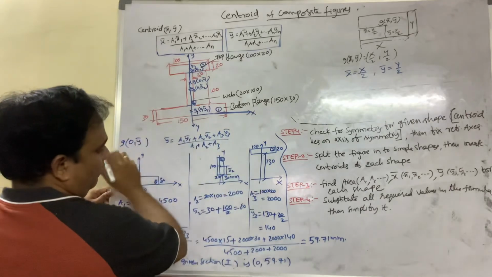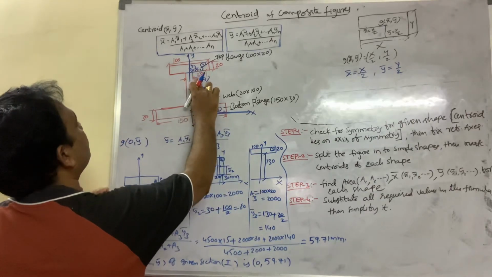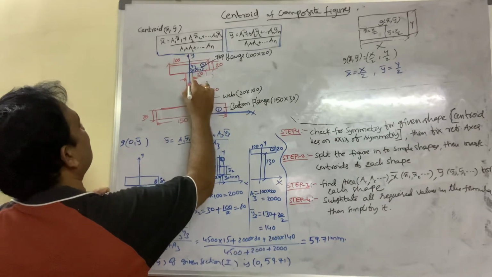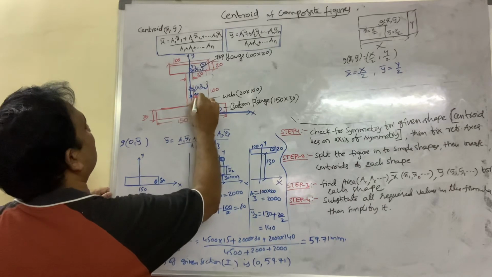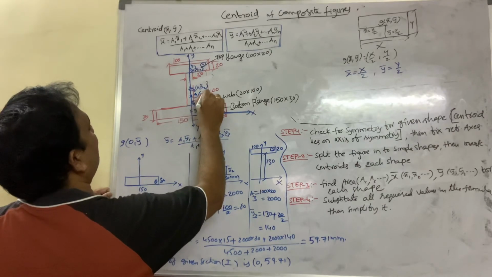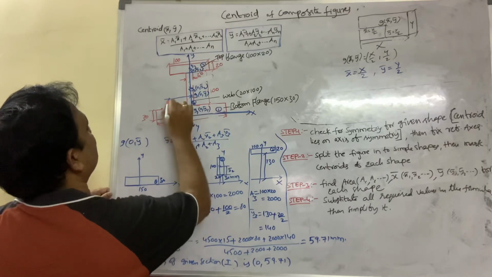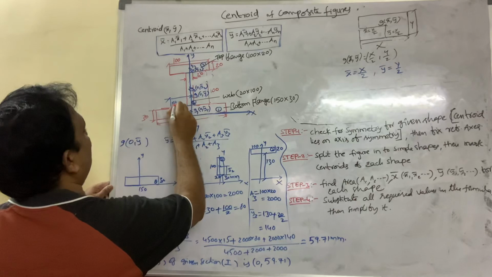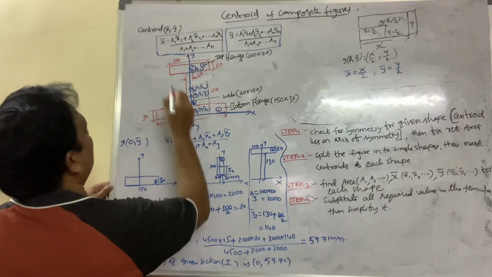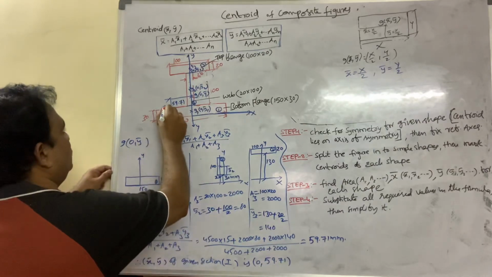This is 59.71, measured from the reference axis. So as per the results, here is the centroid 0, y bar, where y bar is 59.71.